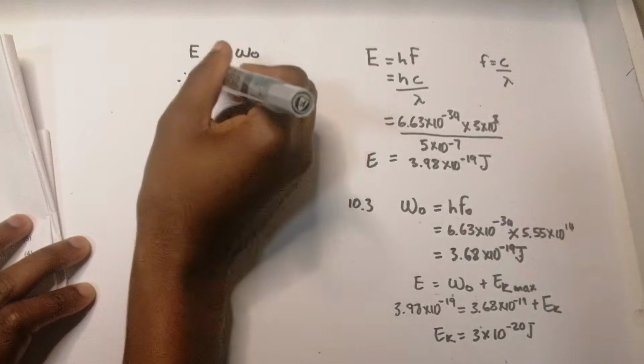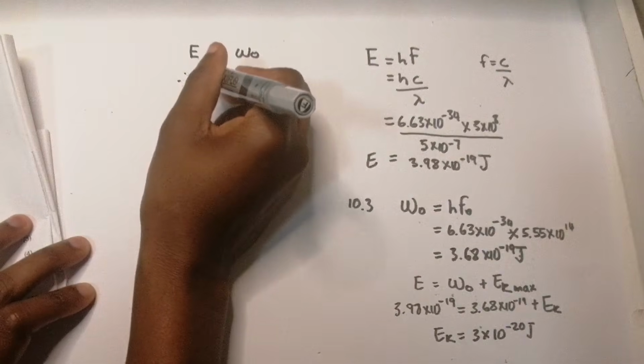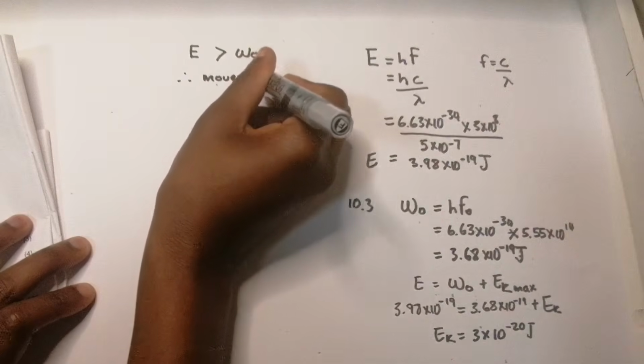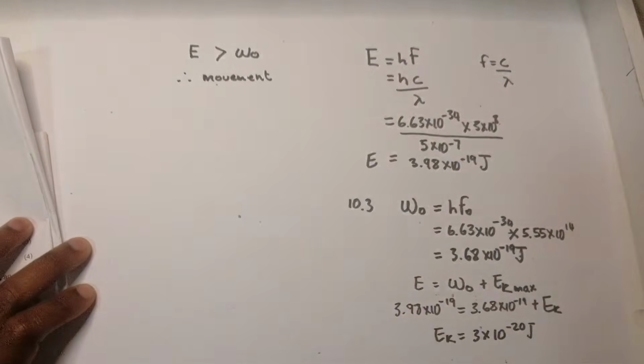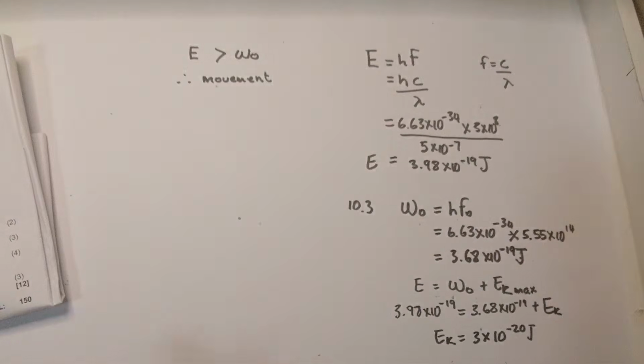So therefore, it means that electrons will be able to move. So in that case, there will be movement of electrons, or therefore it means that kinetic energy will be greater than 0. I hope that you get that, ladies and gents.